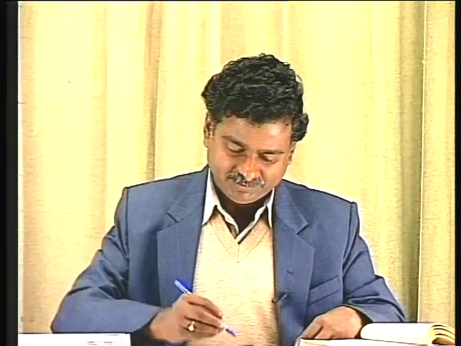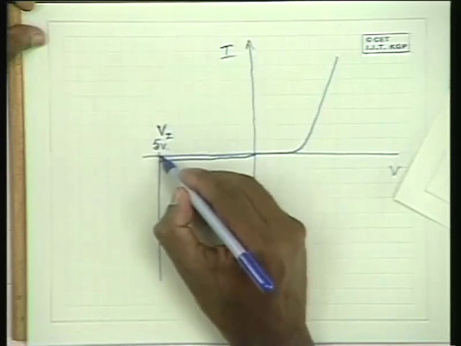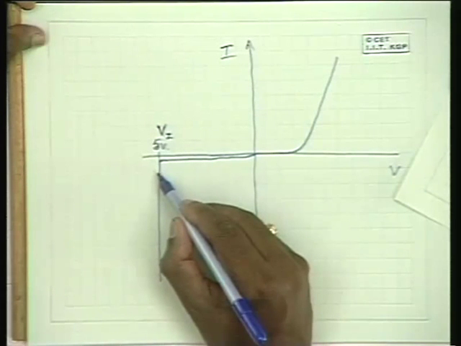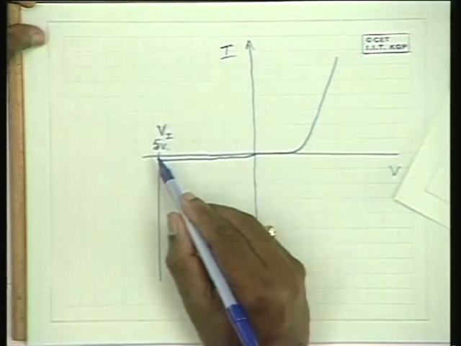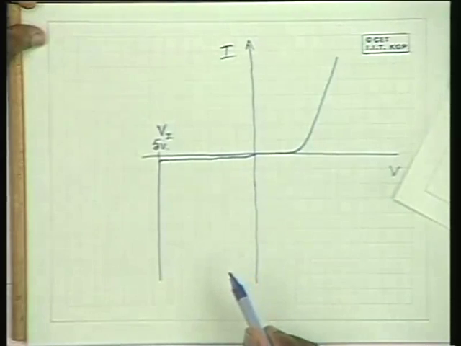As an example, look at this diagram. Assuming that this voltage is say 5 volts, at 5 volts the avalanche multiplication takes place, and if you increase it by say 10 millivolts and make it 5.01 volts, the current may be of the order of 100 milliamperes.